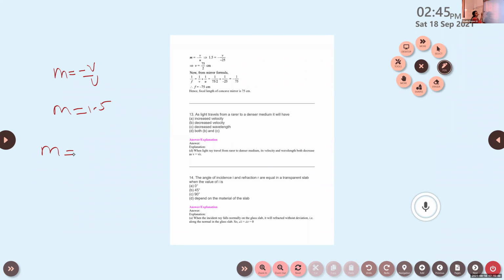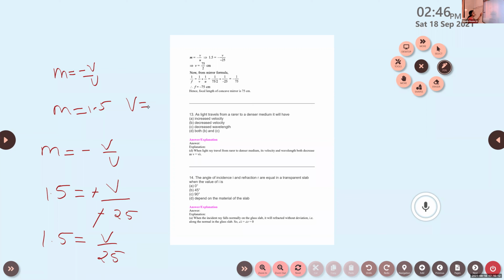The equation becomes 1.5 is equal to negative V divided by U. Here U is negative 25, so the negative and negative cancel. So we have 1.5 is equal to V by 25, which implies V is equal to 25 into 1.5.